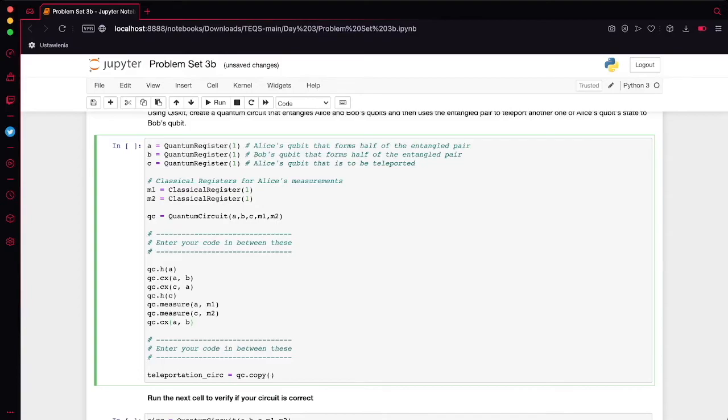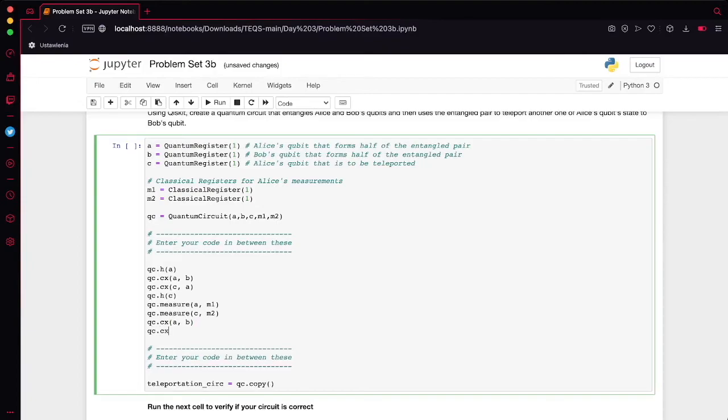That's how CX is defined, and the same for CZ applied to C and B, right? Because notice that when we measure these qubits in the computational basis, these qubits collapse to the state that they were measured in. So they are in 0 or 1 states, right? And that's why it should work.